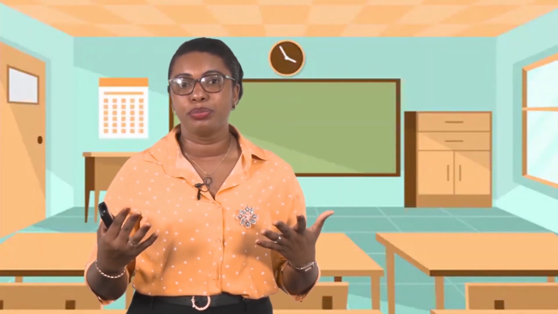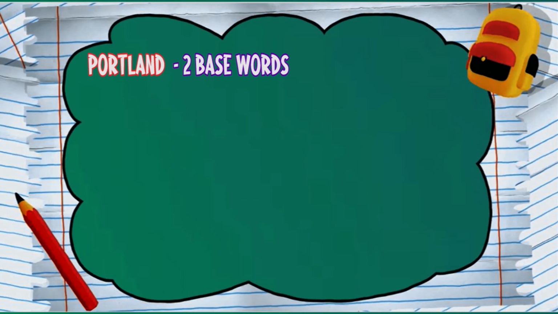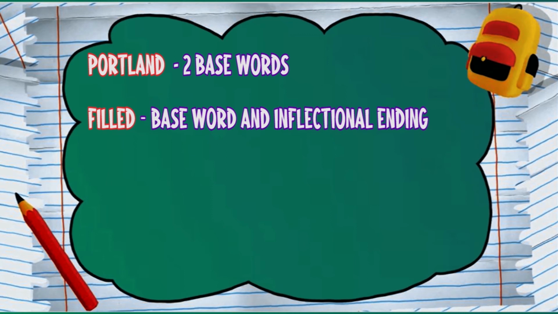Now let's look at these words again. The word Portland. Portland is made up of two base words, being port and land, two words that can stand on their own. Filled is made up of a base word and an inflectional ending.